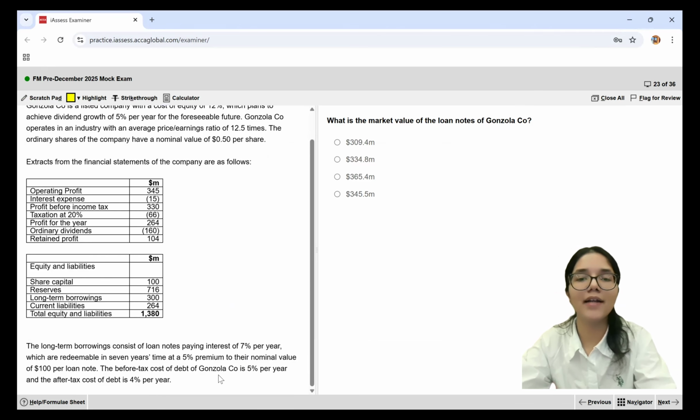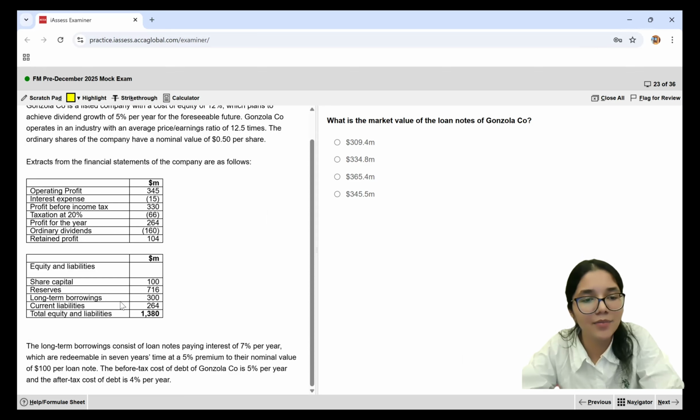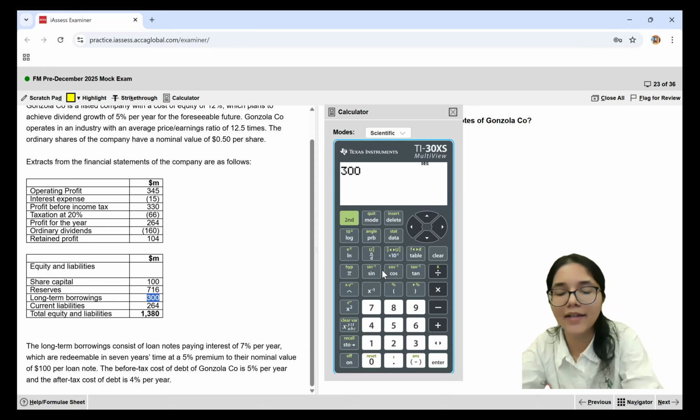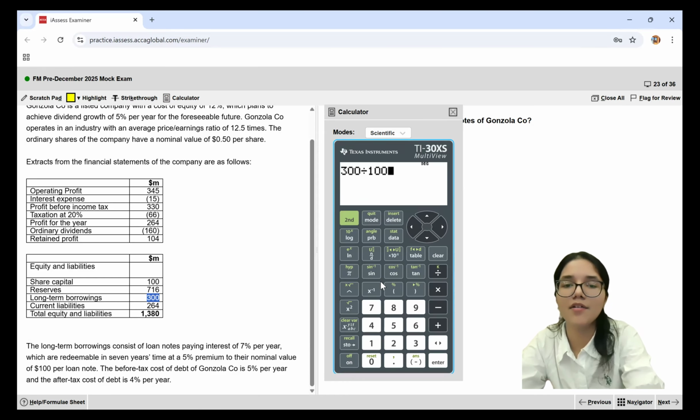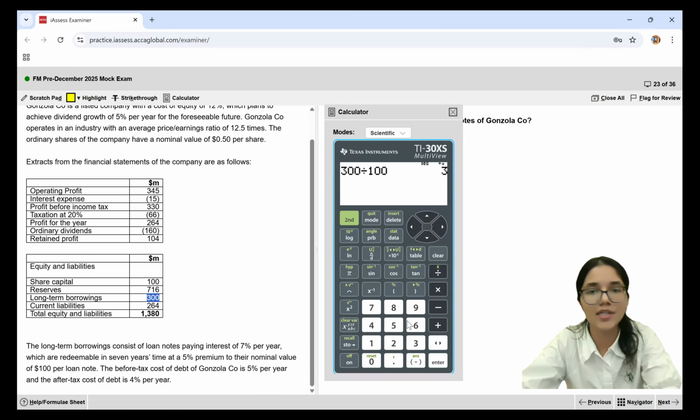This is the value per loan note. Now let's work to find out the number of loan notes. They are telling me that my long-term borrowings are $300 million in total. So that means $300 million is the total nominal value, and one loan note is worth 100. So that means I have 3 million loan notes in issue.